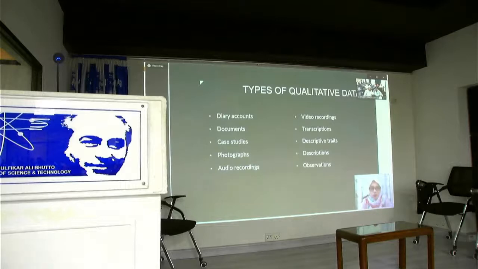Diary documents, which include newspapers, because sometimes people even look at poems, books, novels, short stories, anything, case studies, photographs, audio recordings, video recordings, transcriptions, descriptive traits, descriptions, and observations. So these are the types of qualitative data which people can obtain from their respondents.